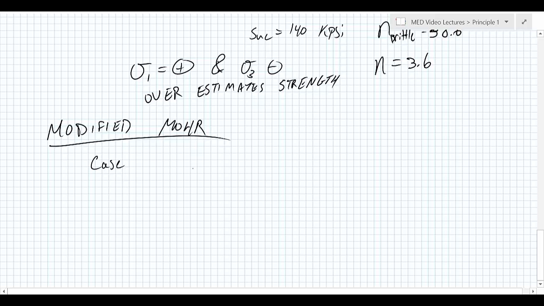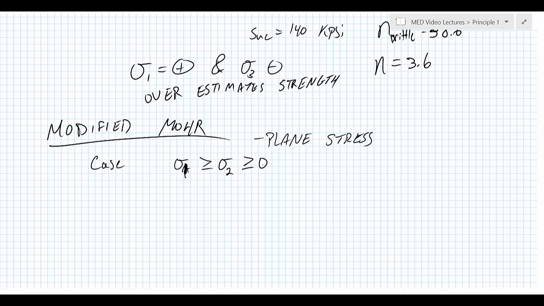The first case would be looking at plane stress, if we've got two values, sigma A, which will be sigma 1 in this case. I'll just go ahead and do that. So sigma 1, which is greater than or equal to sigma 2, which is greater than or equal to 0. So in this case, 0 would be our plane stress. And there may be some other negative ones, but it doesn't matter too much.